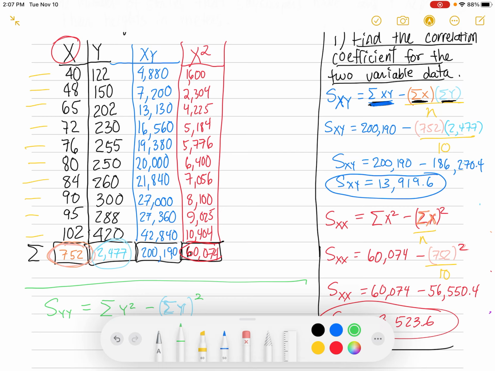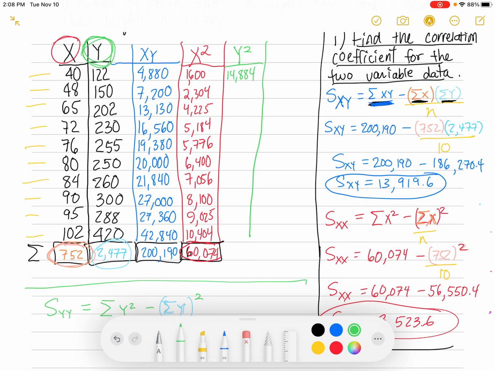But I don't have the sum of the y squared, so I'm going to have to create a y squared column here. Now, how do I find what the y squared column is? I'm going to take the y's over here and square each of those numbers. So I'm going to take 122 and square it. I'm going to get 14,884. Okay, what else? I'm going to take 150 and square that.